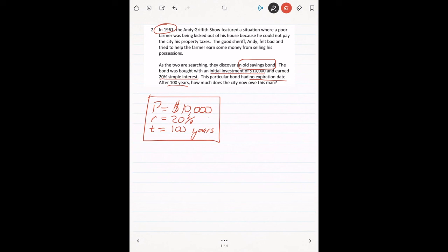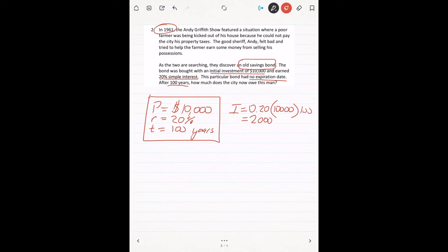So, how much interest was earned? Well, the bond got 20% of $10,000 every single year. So every year, they earned 20% of $10,000, which is $2,000 every single year.